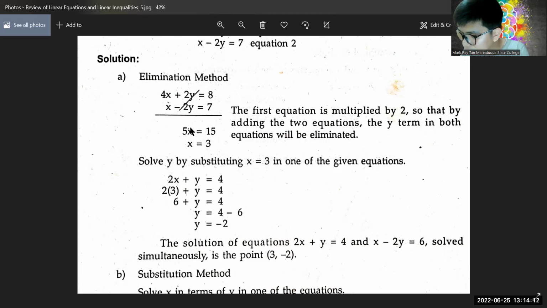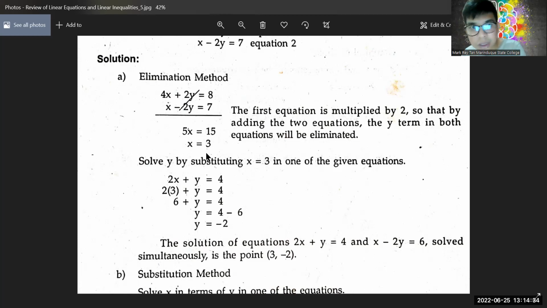So it's going to be 3 minus 2y equals 7. Oh, no, x is 3. Sorry, x is 3. So therefore, 3 minus 2y equals 7.